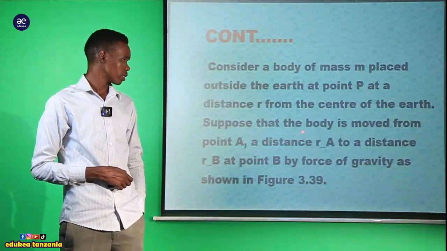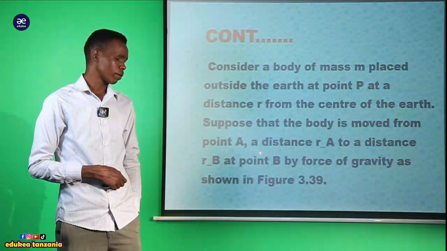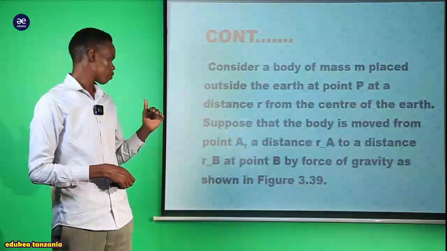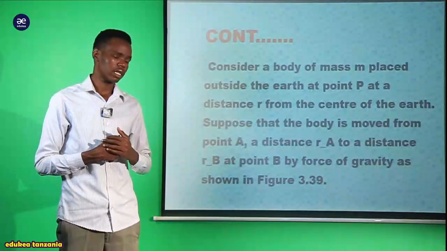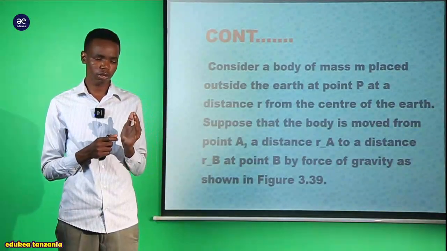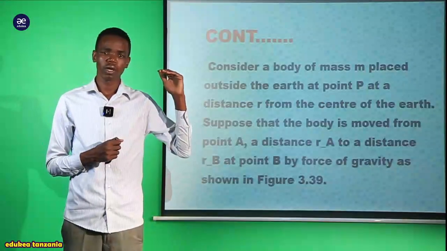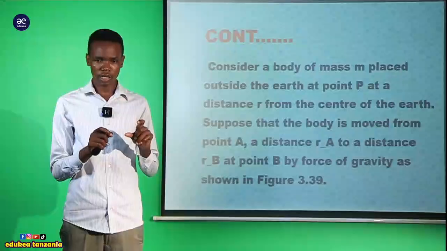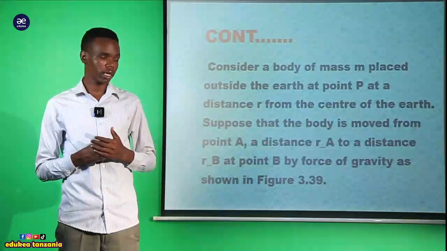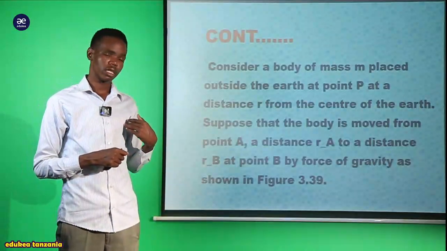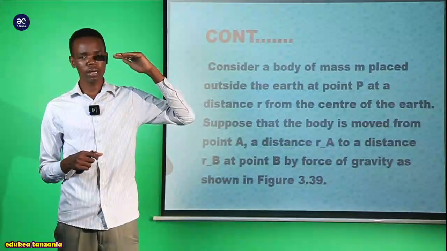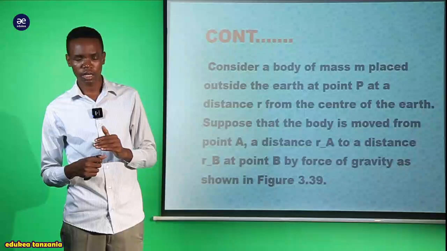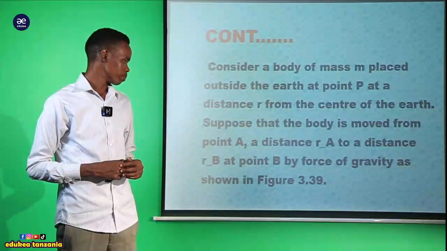But suppose that the body is moved from point A. Now we want to move this body from point A at a distance RA, which we call the radius RA, to point B at a distance RB. It means from a certain point at a distance RA up to a point B, which we call RB.